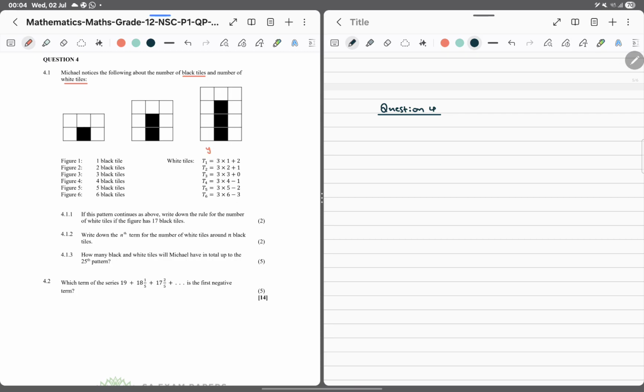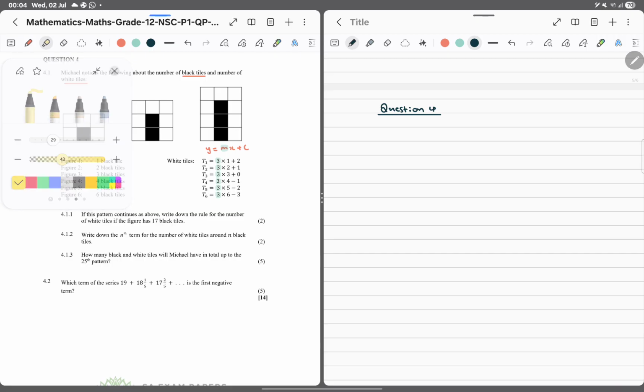So what I'm getting the vibes of is y equals mx plus c, where m is this. I can see this is constant, right? And the x here is the variable that is changing. This is the number of black tiles as they keep changing.